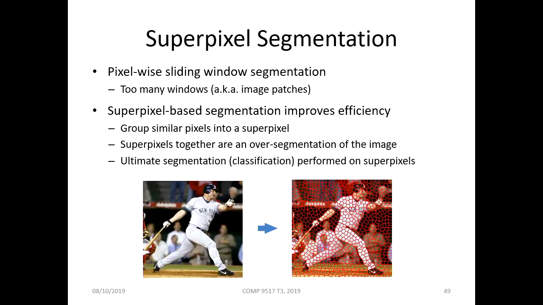Another technique, superpixel segmentation. Actually, this is very much linked to the splitting and merging that I talked about earlier. So here again, the idea is that you first subdivide an image into very small regions that are more or less uniform or homogeneous in certain properties, certain characteristics.